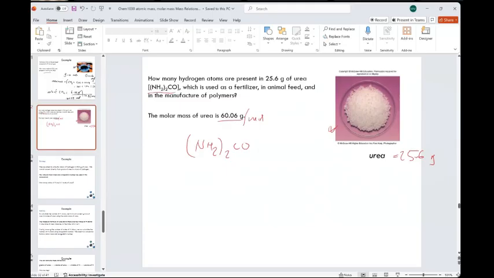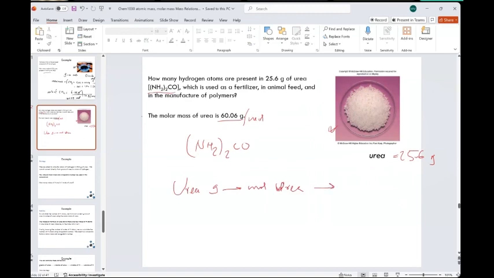So how many hydrogen atoms are present? How to find that? What would our thought process be? We need to convert grams of urea to moles of urea, using the molar mass.